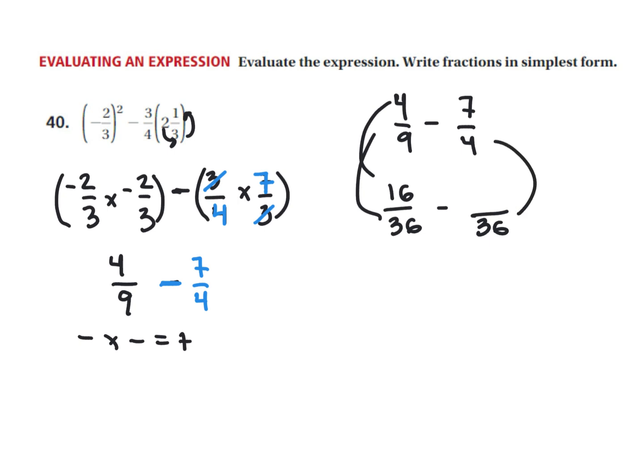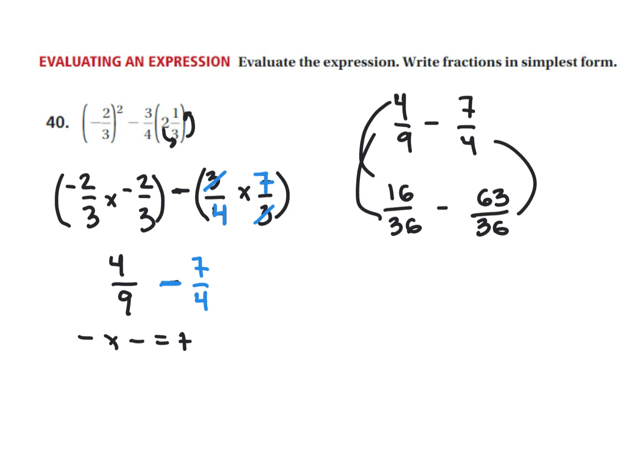On the right side, we'd multiply by a factor of 9. 4 times 9 is 36. So 7 times 9 is 63. And now that we have our common denominator of 36, we're just going to subtract the numerators. We have 16, and we're going to take away 63.